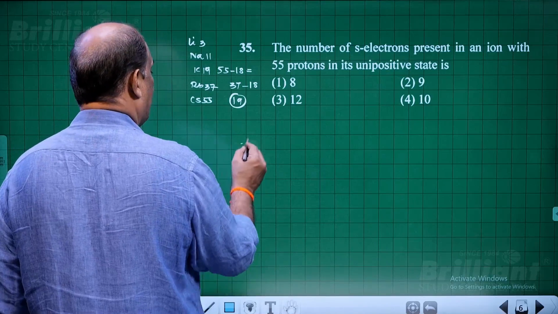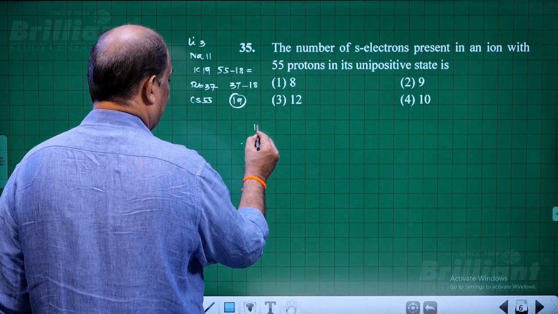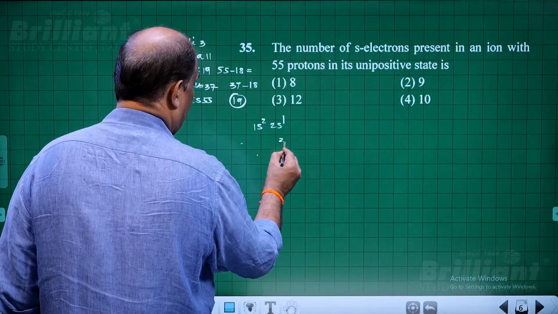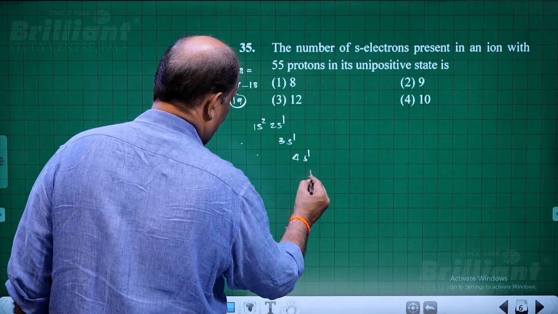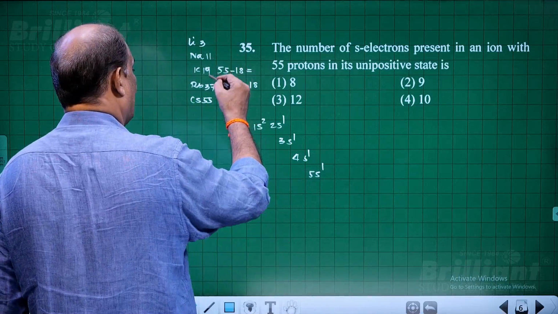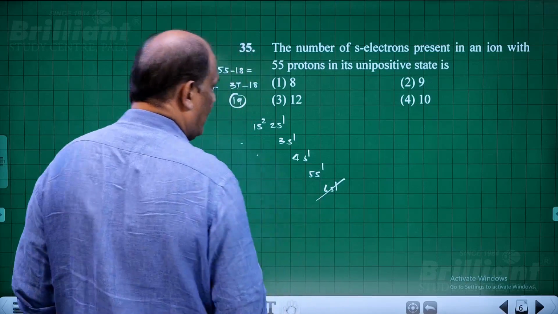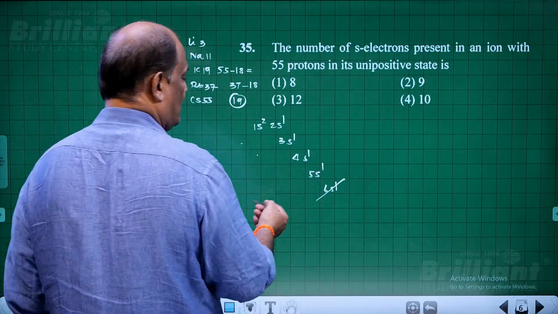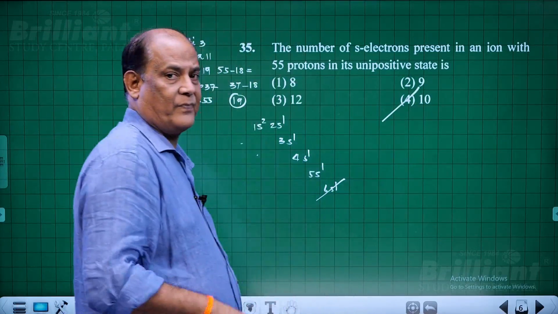This is the first group element, right? 1s2, 2s1, 3s1, 4s1, 5s1, 6s1. If this electron is lost, then how many electrons are there? 1s2, 2s2, 3s2, 4s2, 5s2. This is what, 10 electrons.